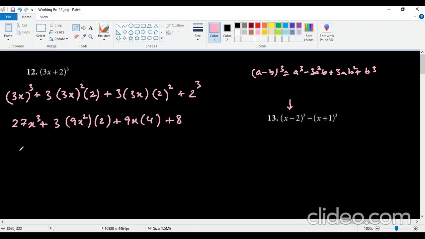Now the final answer is going to be 27x cube plus 3 times 9 is 27, 27 times 2 is 54, so 54x squared, plus 9 times 4 is 36x, and plus 8 is your final answer using the formula.